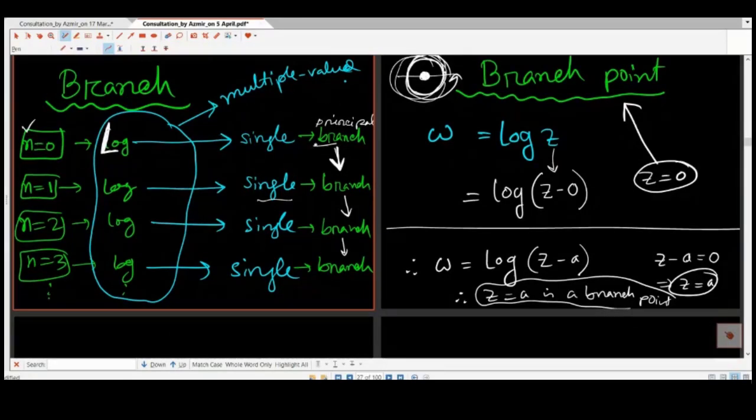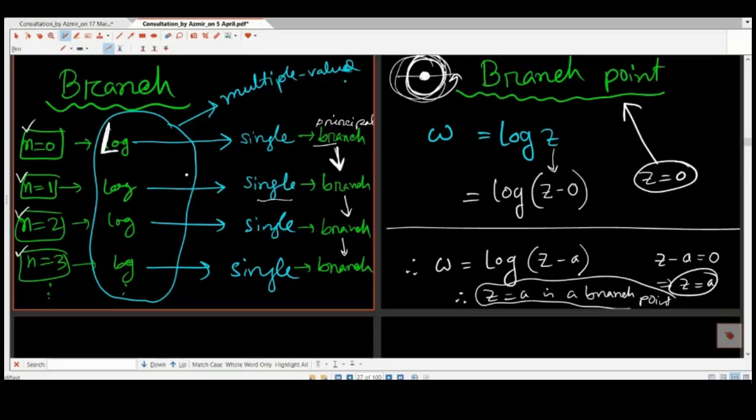That means we have the principal branch. n equals 1 means we have made one rotation and found another new branch. n equals 2 means we have made another rotation and reached another branch. n equals 3 means we have made another rotation and found another branch. All these branches are totally different from one another.